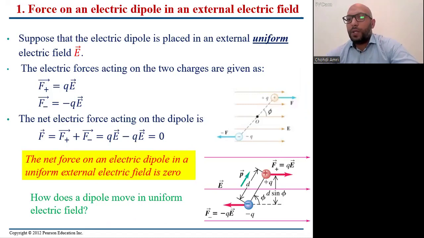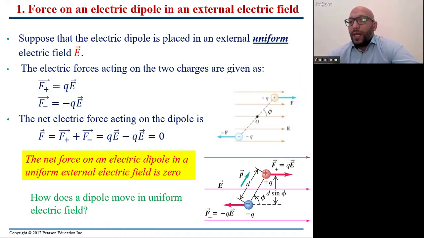Okay, now let's talk about the torque. Suppose that the electric dipole is placed in the external uniform electric field E. Now we have positive and negative charges with the same magnitude separated by distance d in the presence of an external electric field.